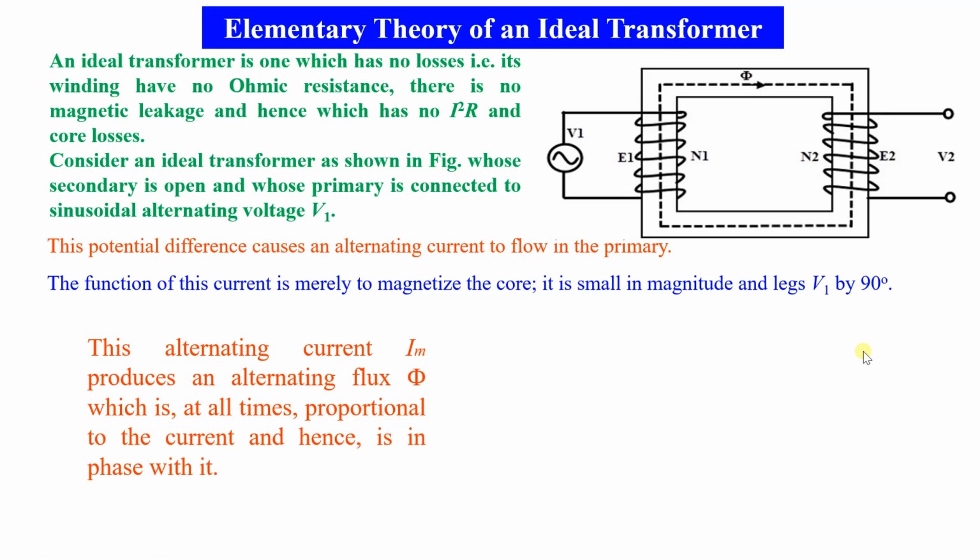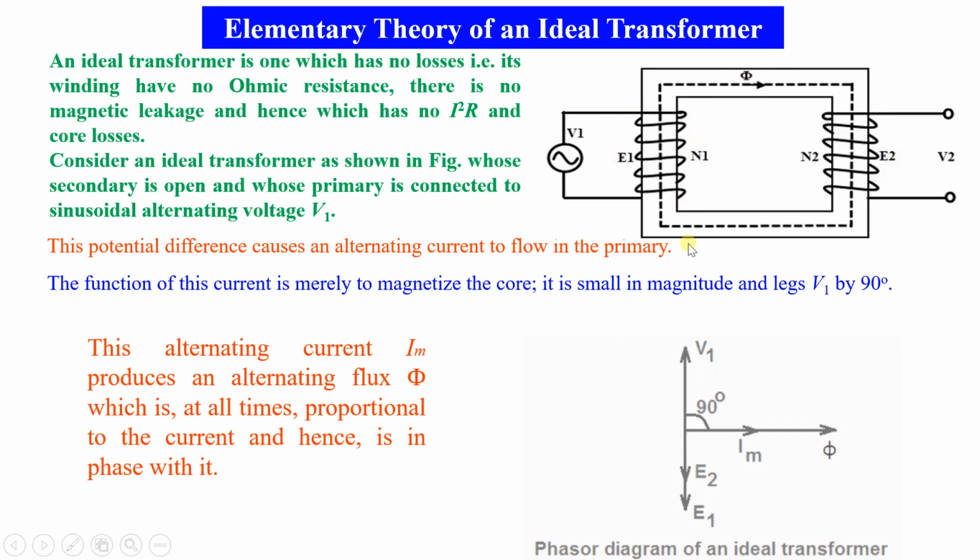This alternating current IM produces an alternating flux phi, which is at all times proportional to the current, meaning it is directly proportional to the current, and hence it is in phase with it.